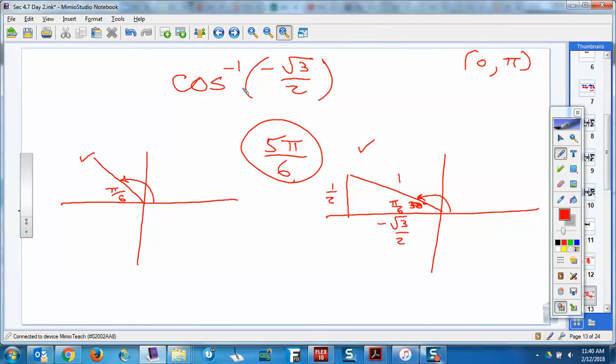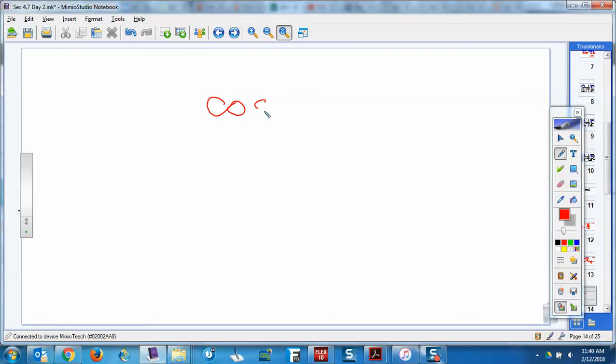What about 20? Arccosine of 1, inverse cosine of 1. What's that going to be? The angle whose cosine is 1? 0. It's right there.